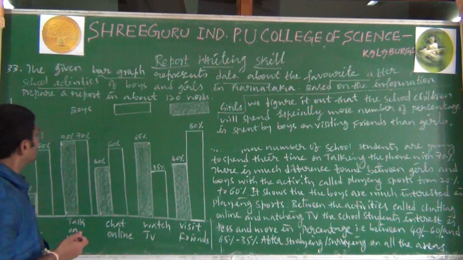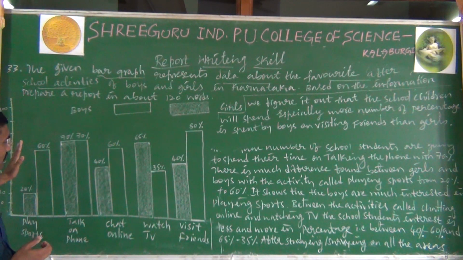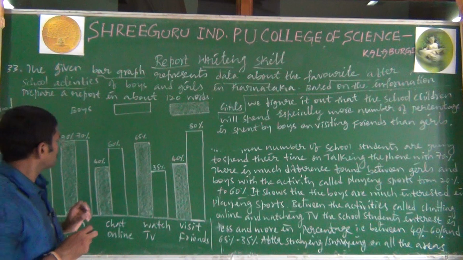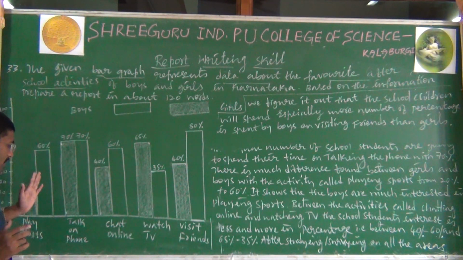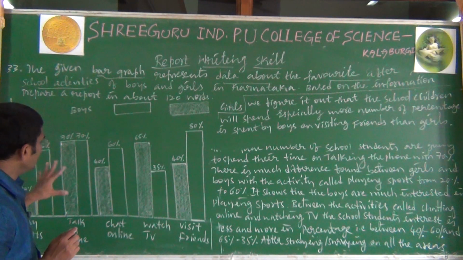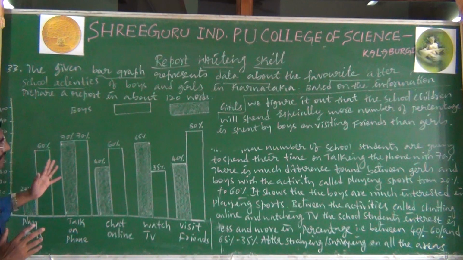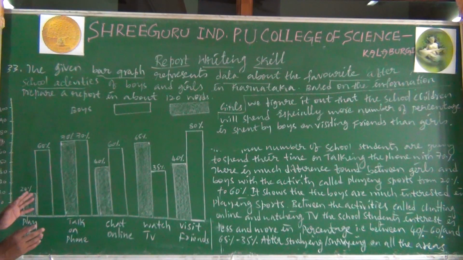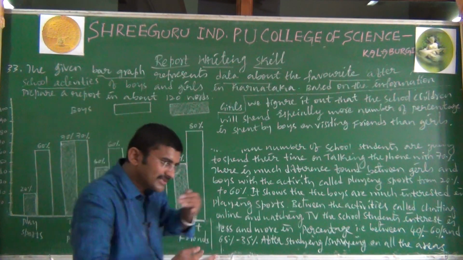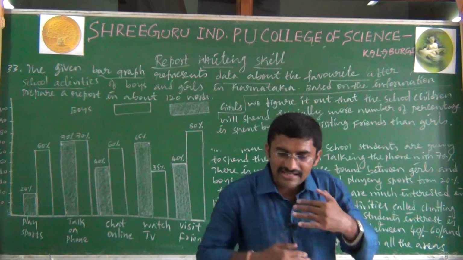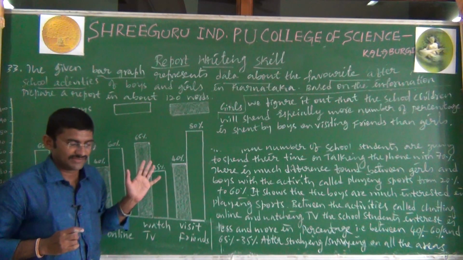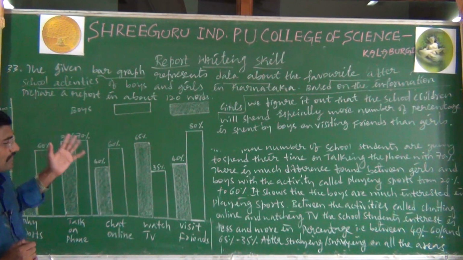In this report writing skill, we come to know that usually in talking on phone, chatting online and watching TV, girls are much interested, whereas in sports and visiting friends, boys are much interested. This has to be highlighted at the end of the report or in this bar graph.